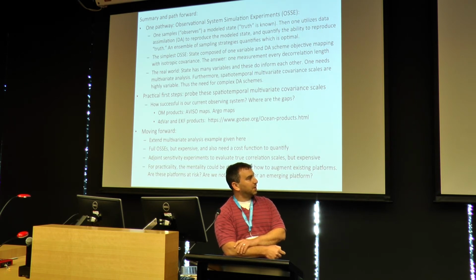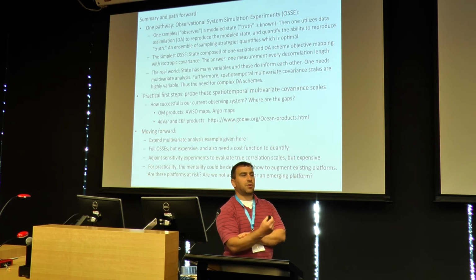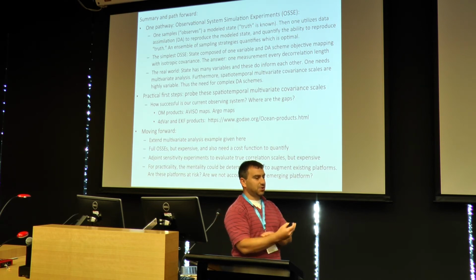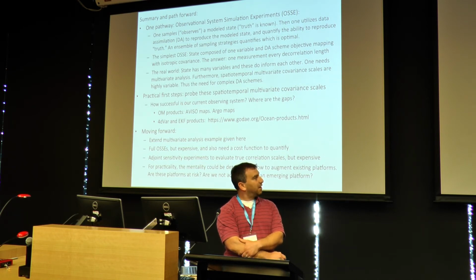They only list the global ones, but it's a large list, and we can go through and do validation of those solutions and see how well we're doing now and where we're doing poorly. But at the very least, we want to extend the multivariate analysis example given here, so that when we're going to plan a couple of ships in the same region, we can figure out where the gaps are going to be.